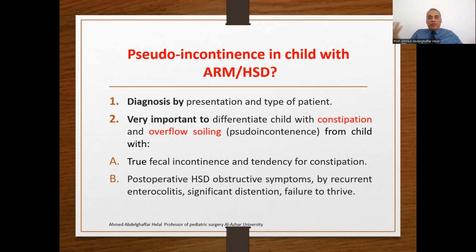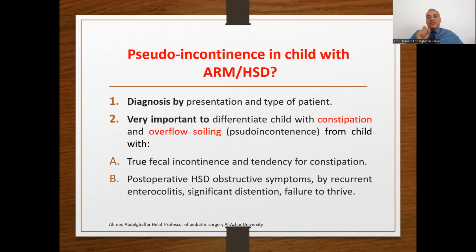This is the type of patient presenting with true fecal incontinence and a tendency for constipation. On the other hand, the other child, with a good and successful surgery, presents with soiling. This is pseudo-incontinence.